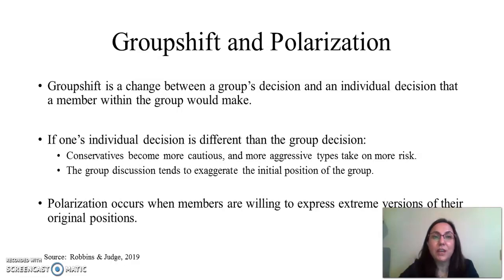So group shift is a change between a group's decision and an individual's decision that a member within the group would make. If one individual's decision is different than the group decision, a conservative member becomes more cautious and more aggressive types take on more risk. The group discussion tends to exaggerate the initial position of the group, so you become polarized. The ideas, the opinions get stronger when there is some kind of disagreement in the group.